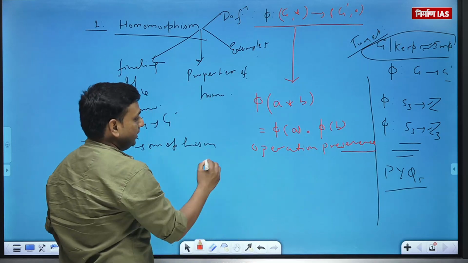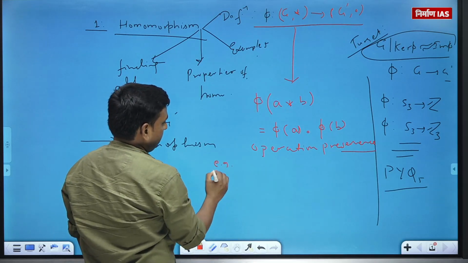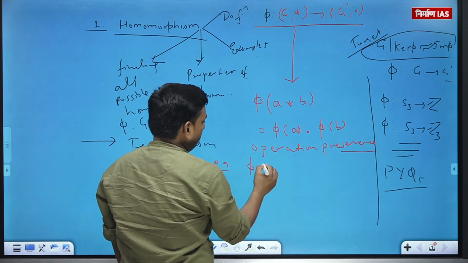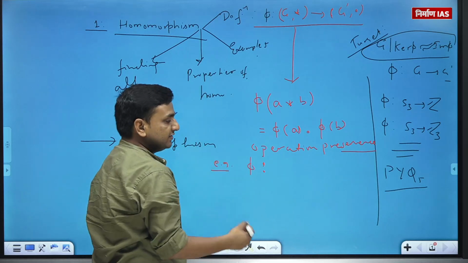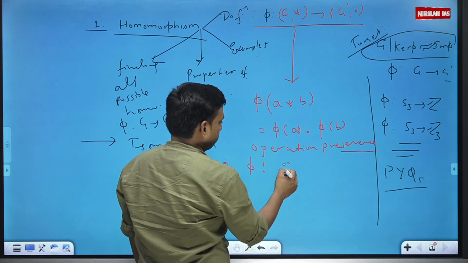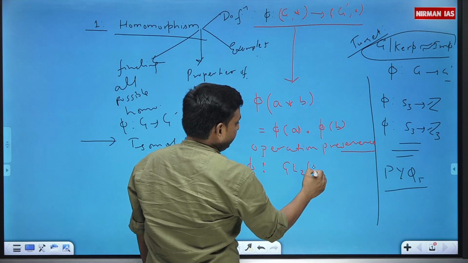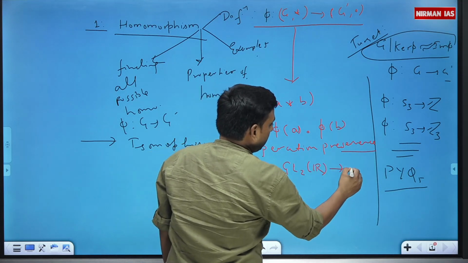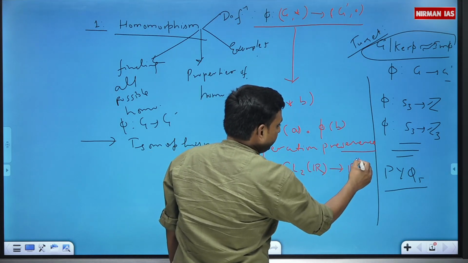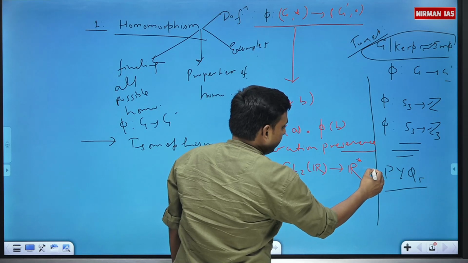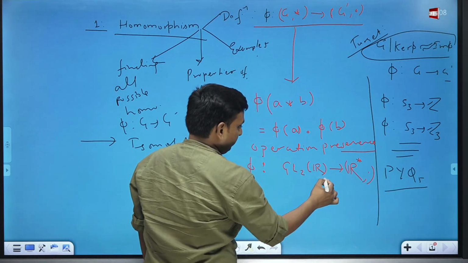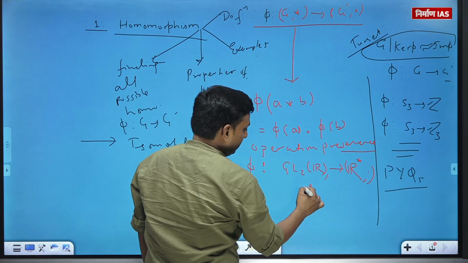For example, let's define a map phi from GL2(R) to R star with respect to multiplication. Here what is the operation, dear?